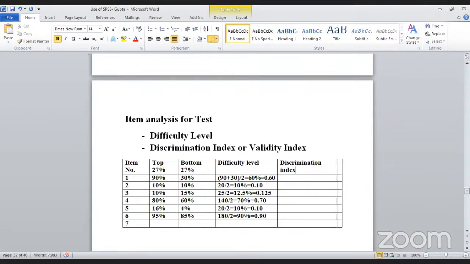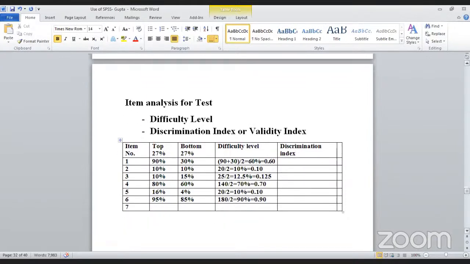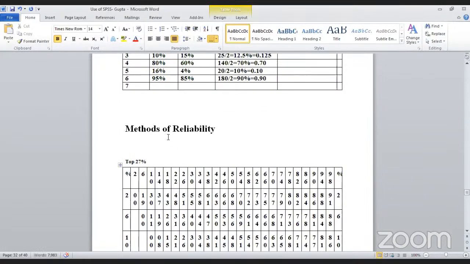Now, how do we calculate the discrimination index? For calculating the discrimination index, if you have a Garrett book, in the Garrett book, there is a table and it is called Flanagan's table. I have for you the Flanagan's table.